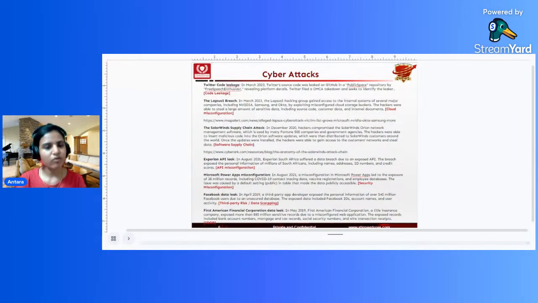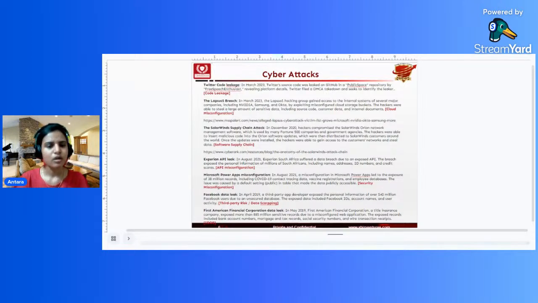And with the help of that API, they were able to extract other pieces of information that were pretty sensitive. It ended up downloading millions of records that contain names, addresses, ID, and credit score, right? A similar case was found back in 2021 for Microsoft Power Apps. A certain misconfiguration in Microsoft Power Apps led to exposure of millions of records.